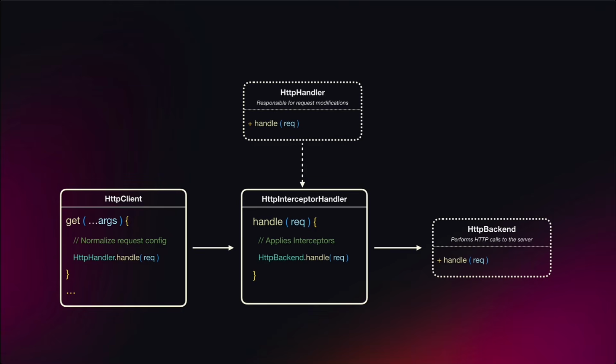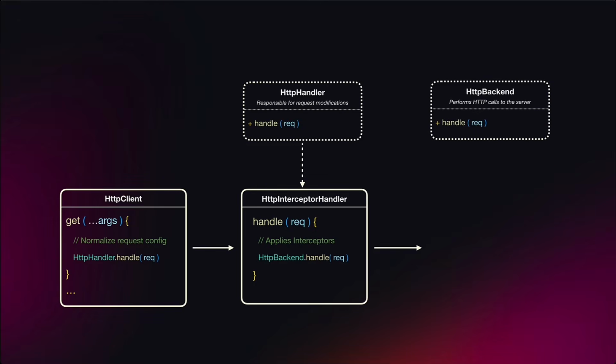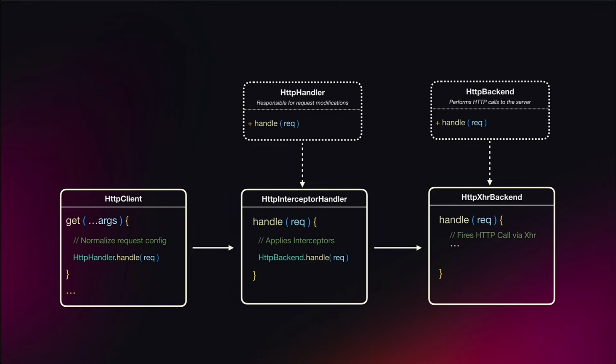And because we have multiple ways to fire HTTP requests in modern browsers, this abstraction has already got multiple implementations. The default one is represented by the HTTP XHR backend class, which fires HTTP calls using the XML HTTP request object.